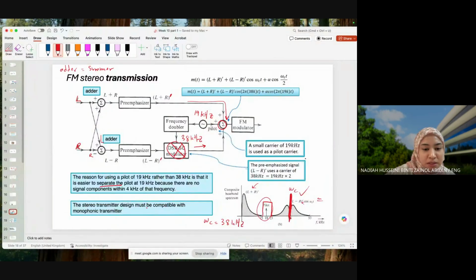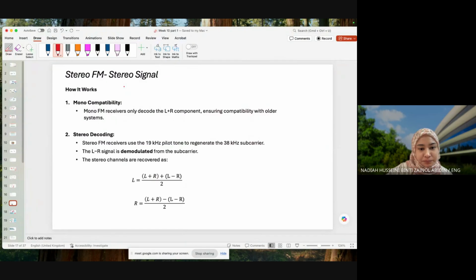The stereo transmitter design must be compatible with monophonic transmitter. We discussed that because we need the L plus R over here. That's the mono part. Okay, so this is mono compatibility.